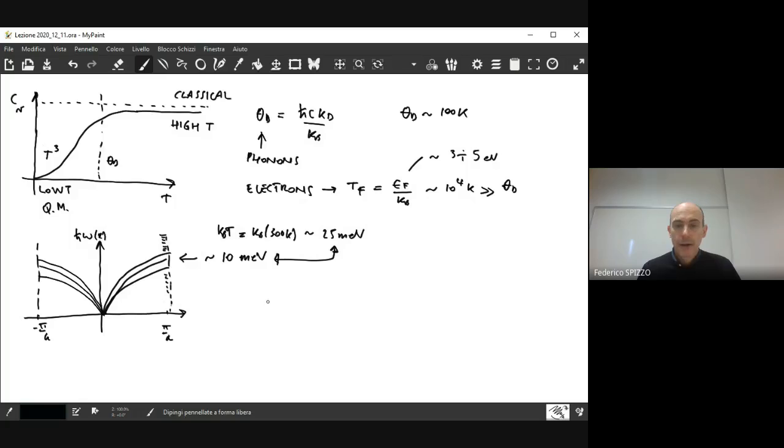So, if we know that the specific heat contribution coming from the electrons is linear as a function of temperature, we may expect that when we have a look at the CV dependence on temperature at low temperature, then we have the T to the power of 3 that is due to phonons.